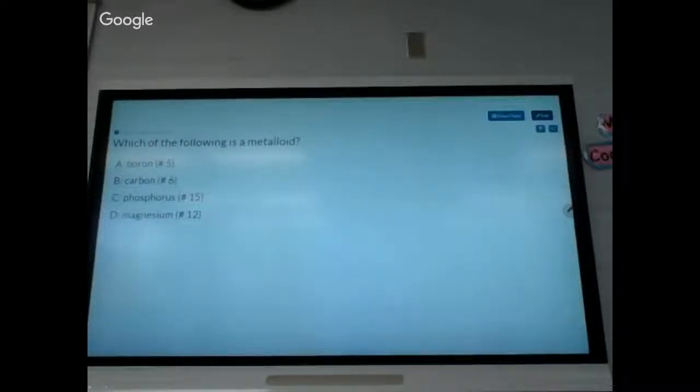I want 100% on this one. Oh, hold on, I got it wrong. I had the wrong side up. I hadn't scanned it yet. I'm ready to move on.